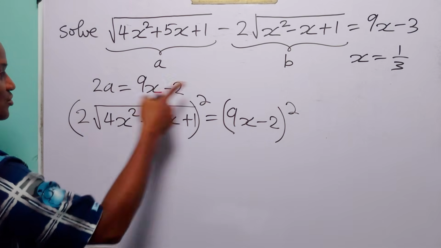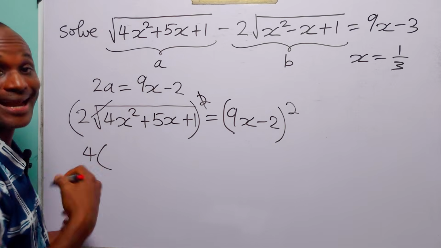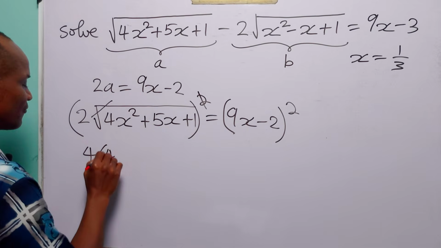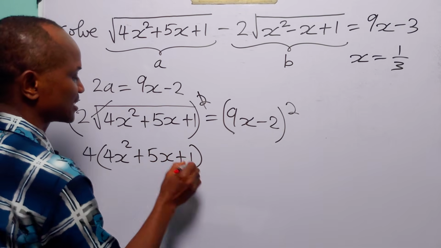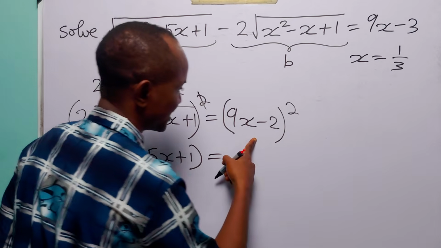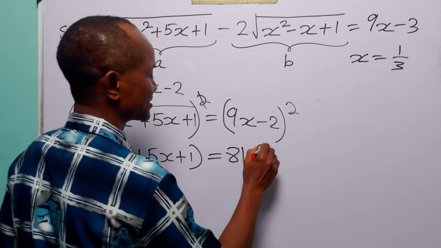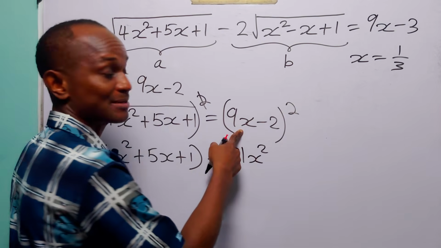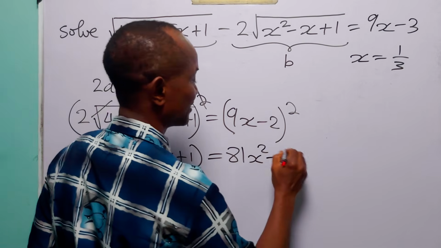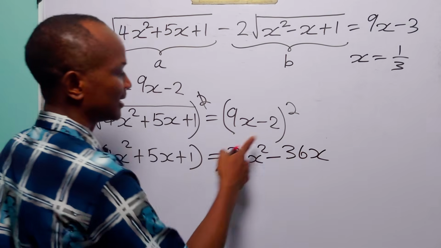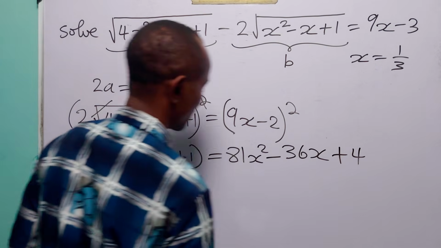On the left-hand side, we have 2 squared, which is equal to 4, times the square is going to take care of the square root, leaving us with 4x squared plus 5x plus 1. And on the right hand side, we have 9x squared, which is 81x squared. Then we have 2 times 9x, that is 18x, times minus 2, that is minus 36x. Then we have minus 2 squared, which is equal to plus 4.